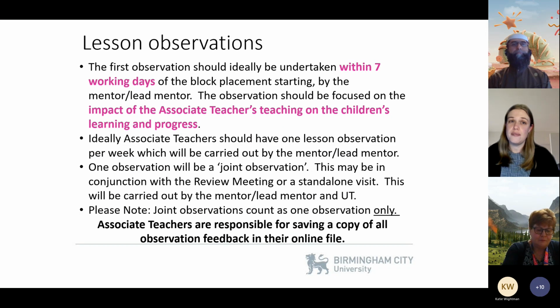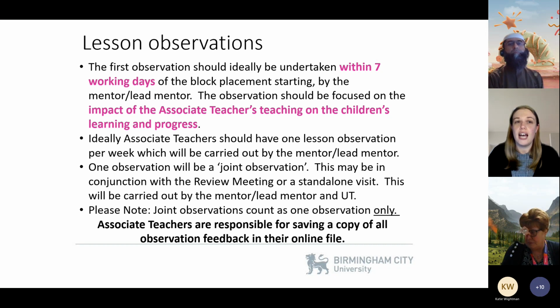As we said, lesson observations: ideally it's one formal lesson observation per week, with written feedback. The first one ideally within 7 days, within that first week of them starting teaching. One observation will be a joint observation, so the university tutor will liaise with you to find a suitable time to come in and work alongside you to carry out an observation.